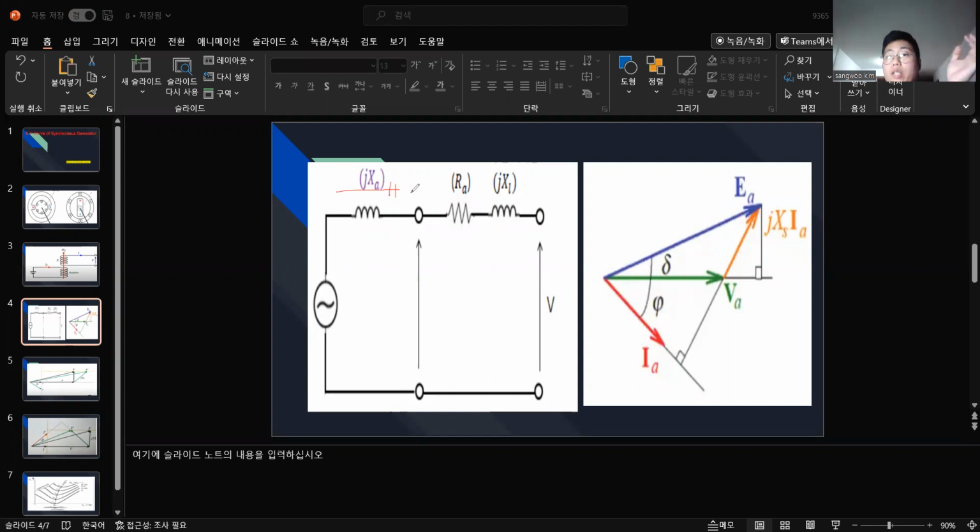Armature reaction depends on the load, whether it's inductive or capacitive. The armature's flux is flexible, it could increase or decrease. And this is the line resistor, and this is the leakage inductance.